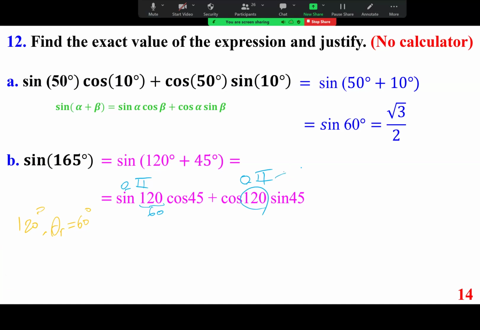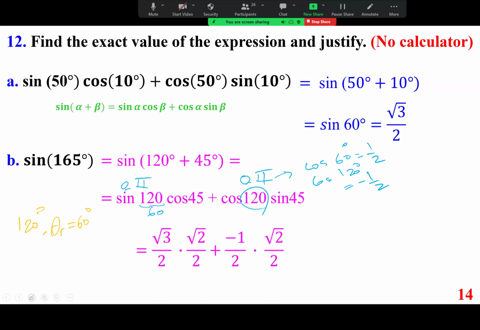So cosine of 60 degrees is 1/2, and cosine of 120 degrees is negative 1/2, because in quadrant 2, cosine is negative. And so, again, both have the denominator 4. So we have 4, and then square root of 6 plus minus square root of 2. So square root of 6 minus square root of 2 over 4.